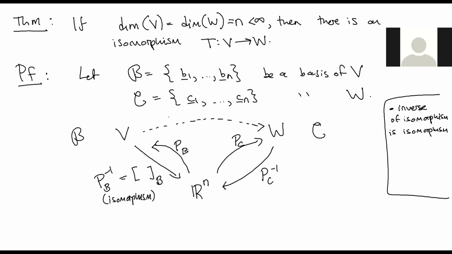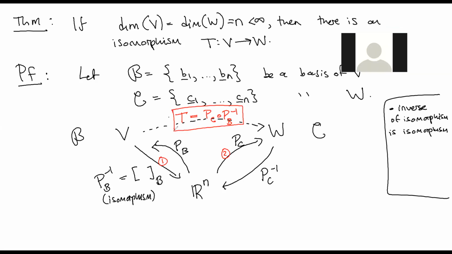Sorry, PB inverse. Yeah, PC of PB inverse, right? So if you follow the arrows, first you could do this, and then you could do this arrow, and then you would go from V to W, right? So let T be PC of PB inverse.